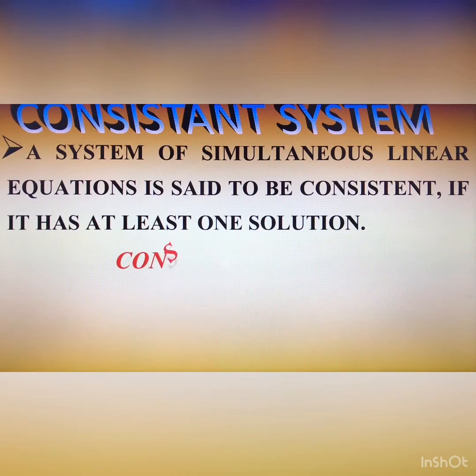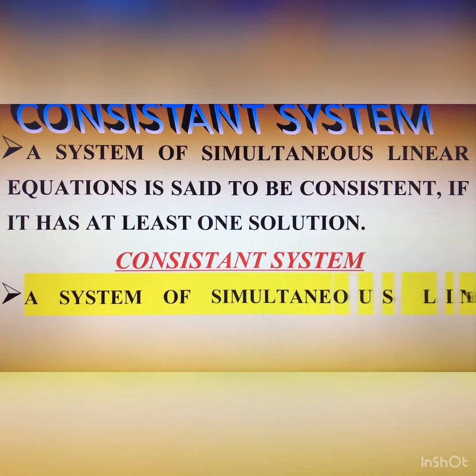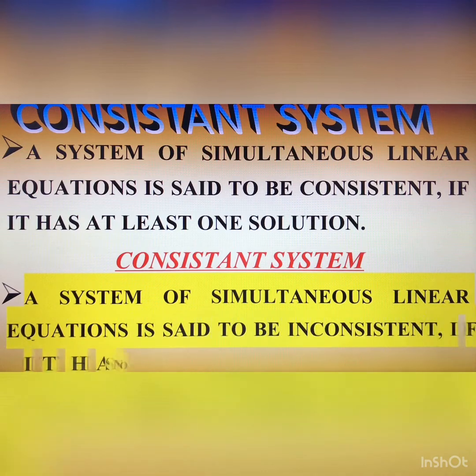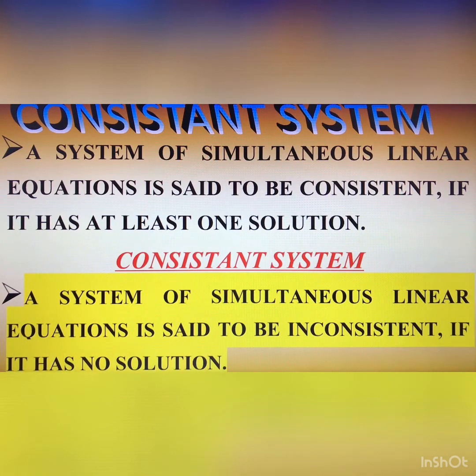And what about the inconsistent system? A system of simultaneous linear equations is said to be inconsistent if it has no solution. It means if a system has no solution, then it is known as an inconsistent system.